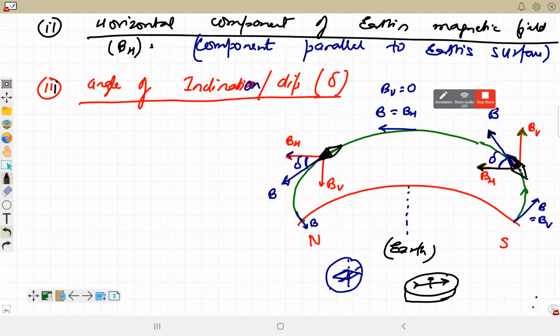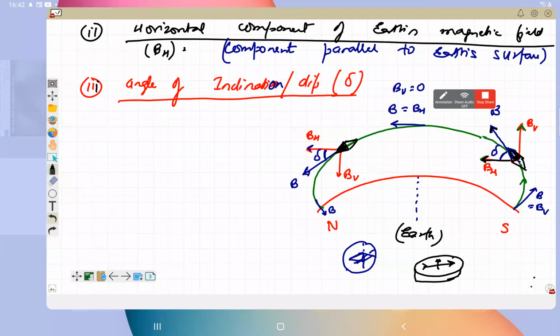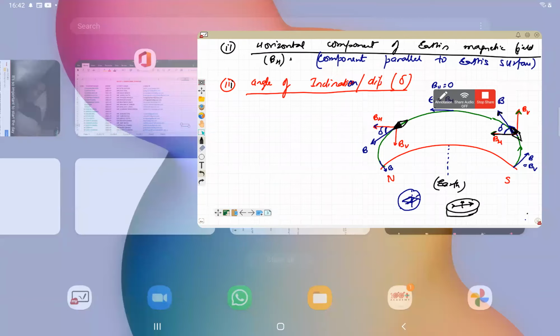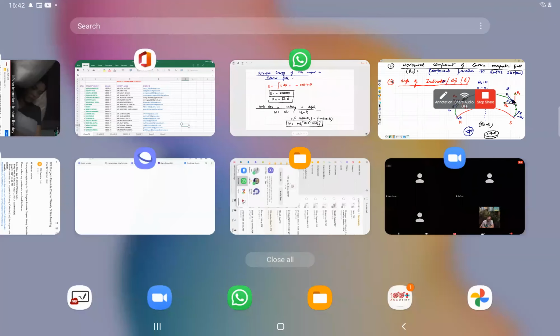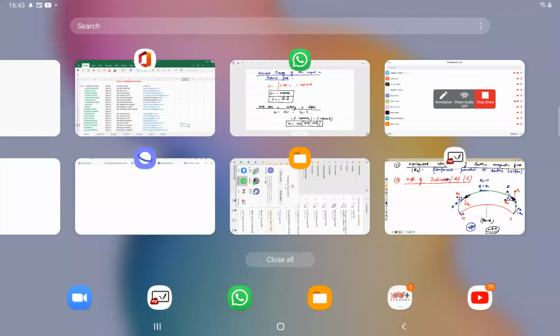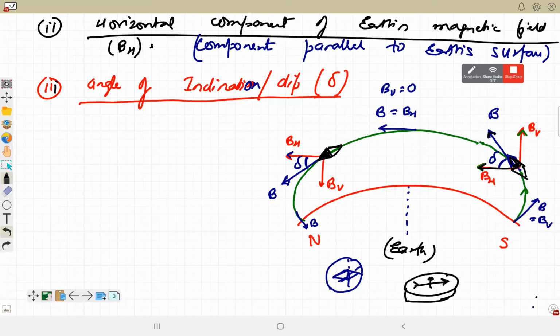Are you getting this or should I do some? Yes, sir. Okay. Kanan, Rudra, Aradhya, this diagram is clear or should I show on the board? Is it clear? This is clear.